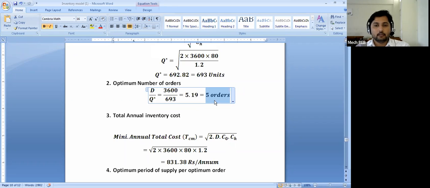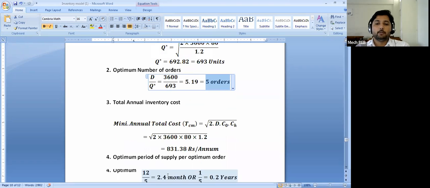If it is asked in years, consider 1 divided by 5. If you want it in months, consider 12 months divided by 5 orders, so you'll get the time interval between two successive orders in months.